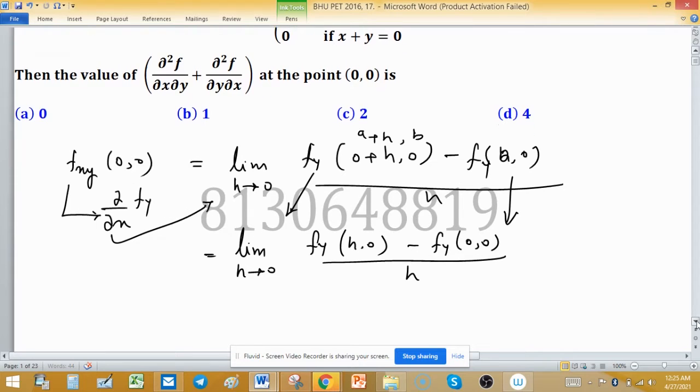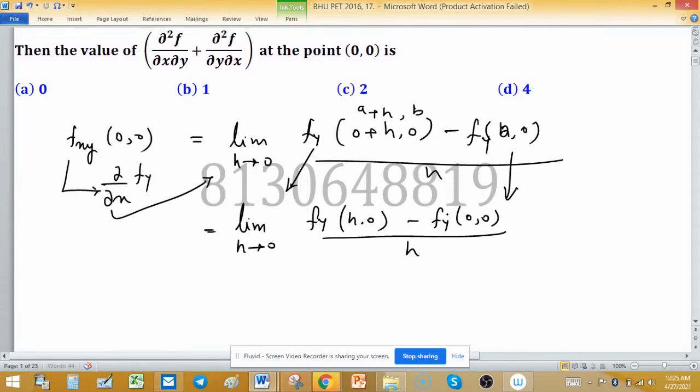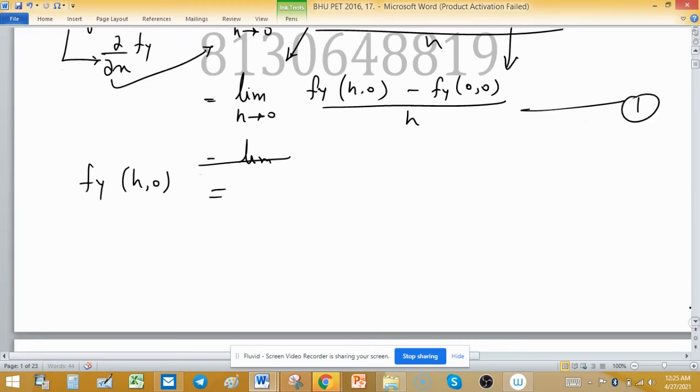This is the simplified form of the above one. Call this equation 1, or the principal equation.